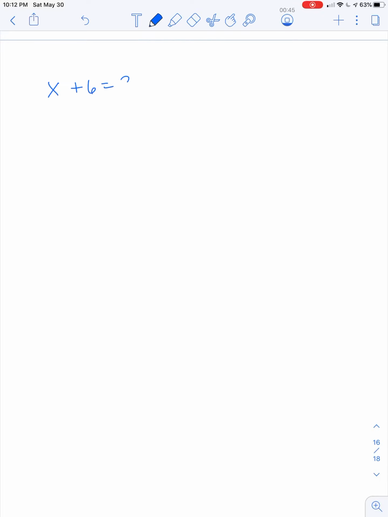If I have two equations, one of them being x plus 6 equals 9, and one of them being x plus 10 equals 13, we can clearly see that x would have to be 3 here, and x would have to be 3 here. So both equations are satisfied when the solution is 3. That means that you are looking at equivalent equations here.